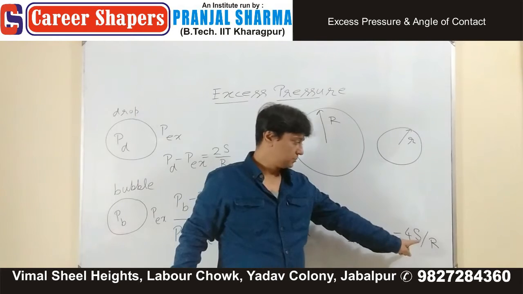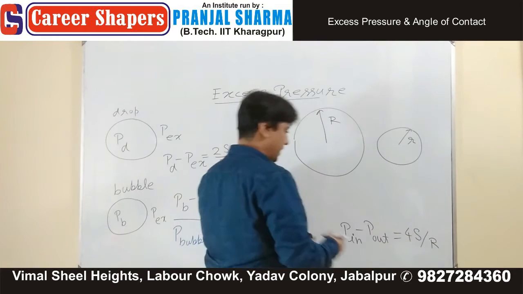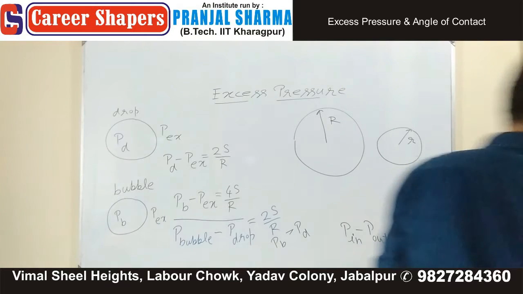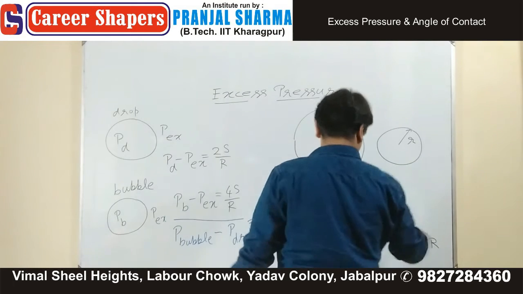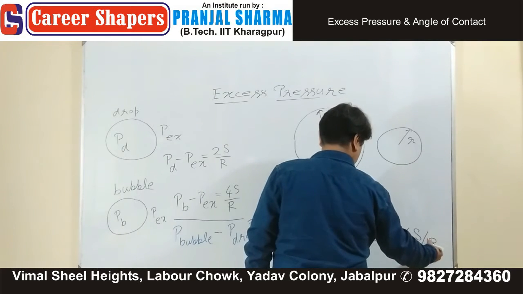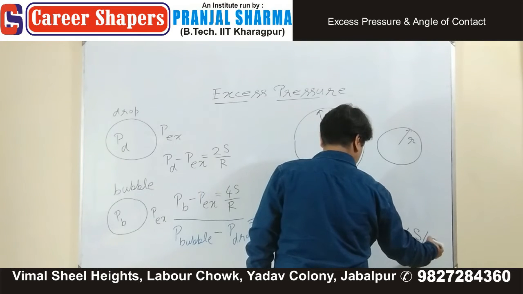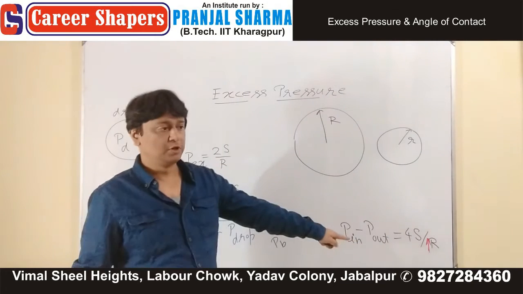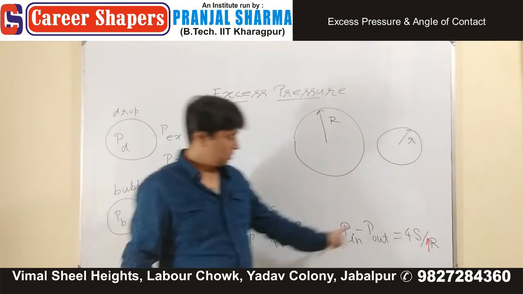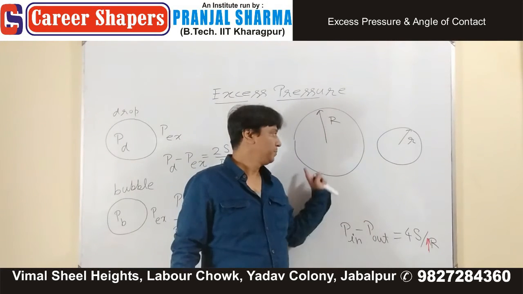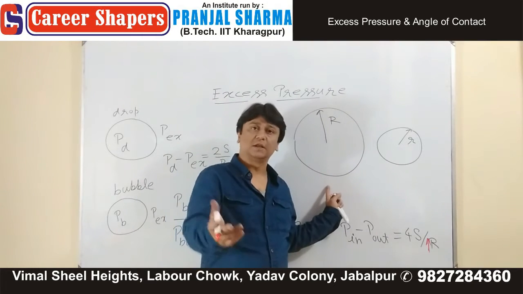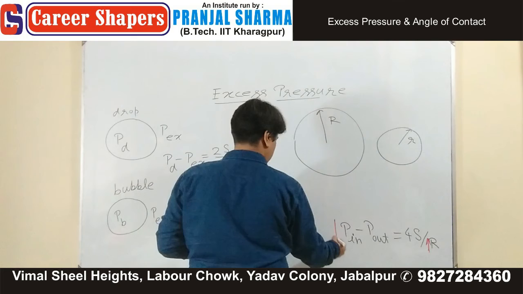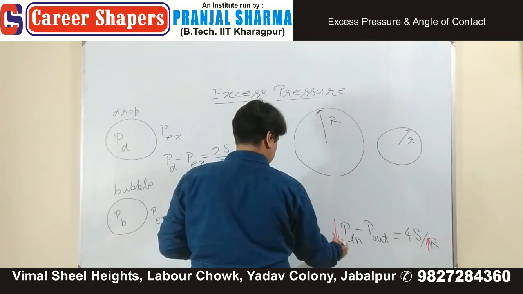Look here. As you increase the radius, as you increase the denominator, your P out, external, is the same for both of them, and therefore P in should decrease.